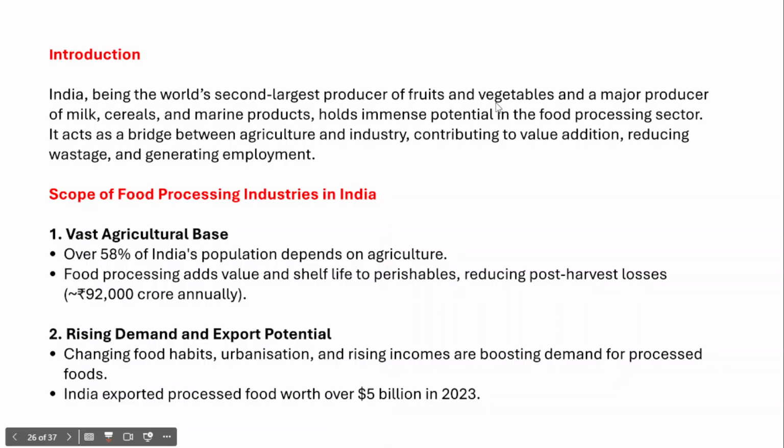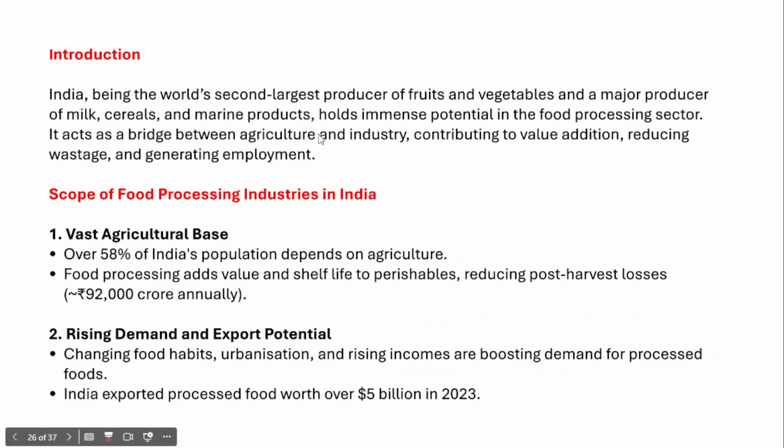So the food processing industry acts as a bridge between the agriculture and the industrial sector, right? Why? Because the agricultural produce goes through the food processing sector, and the food processing sector adds extra value to it, and once the value is added, the produce will go to the industries. Therefore the farmers will get remunerative prices for their produce.